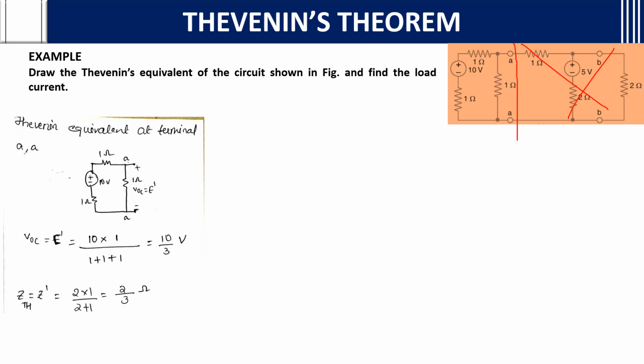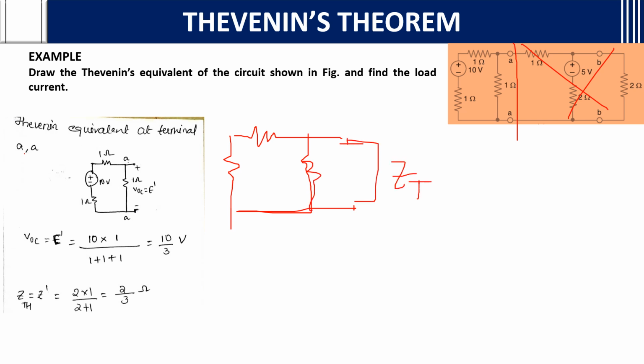Now we need to find the impedance, that is ZTH. For ZTH, we will remove this voltage source and take the ZTH across these terminals.